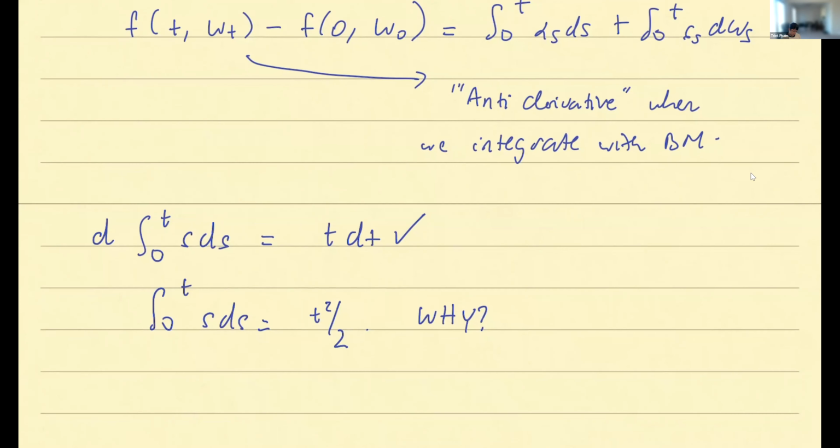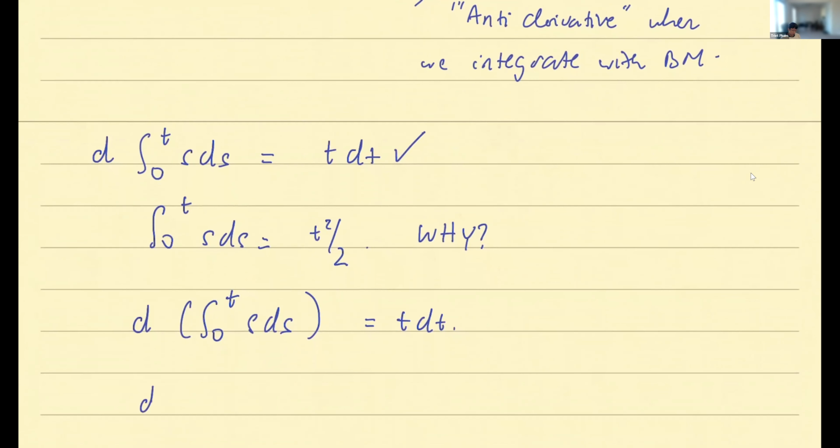First of all, this is exactly what Jingmei was saying. If you do this, then you get t dt. On the other hand, if you do this, what do you get? t dt as well, because right now this is the derivative.